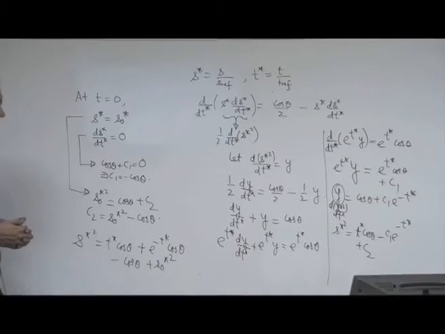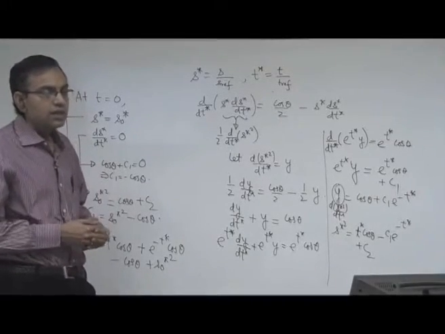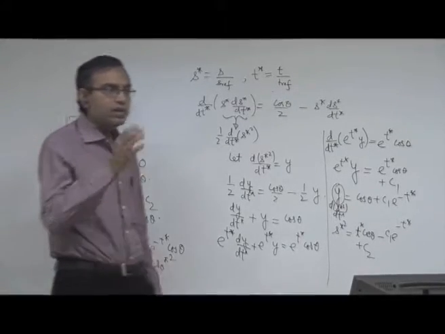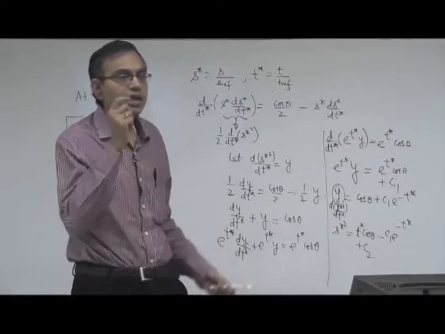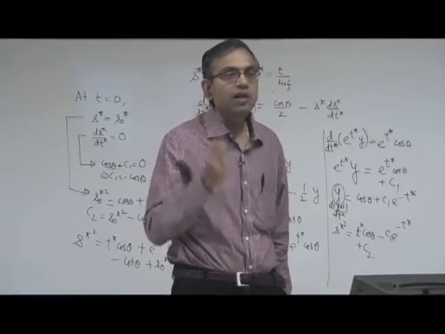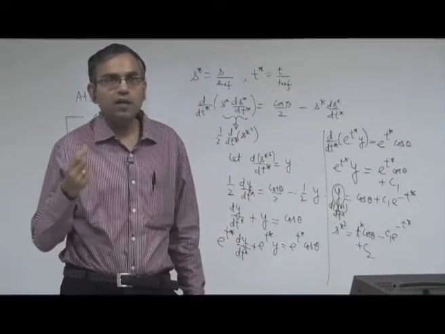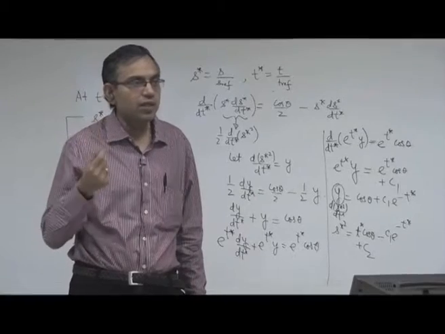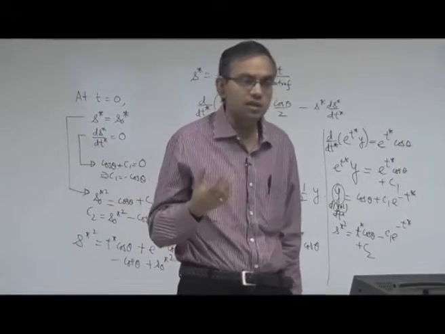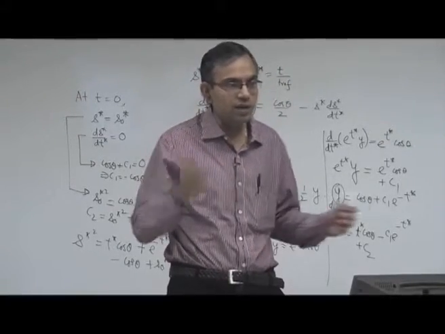So, similar considerations can be applied for channels of other cross sections. So far we have done for circular channels, which are basically called circular capillaries when the channels are small and capillary effects are important. But many of the microchannels, by virtue of the microfabrication process, are not actually of circular shape, but they may have other cross sections like approximately rectangular or trapezoidal or several other cross sections.